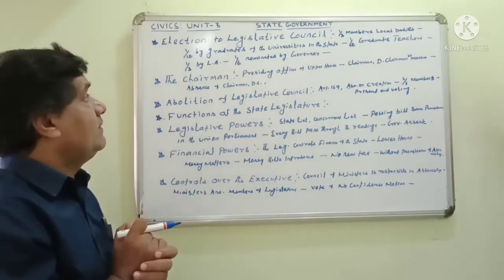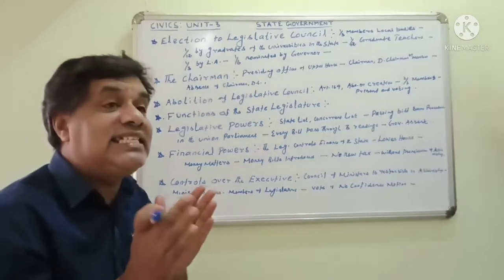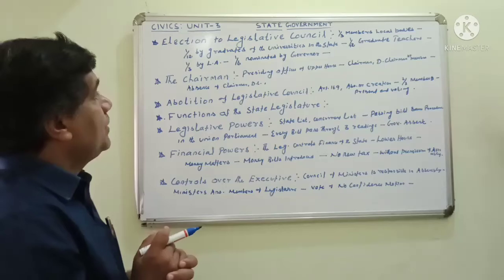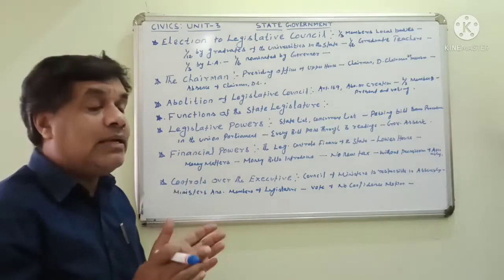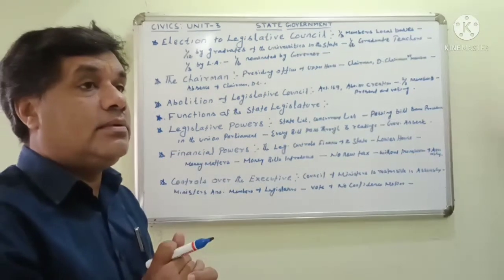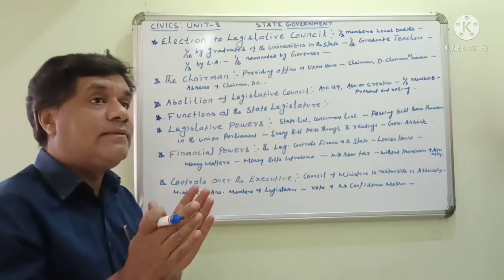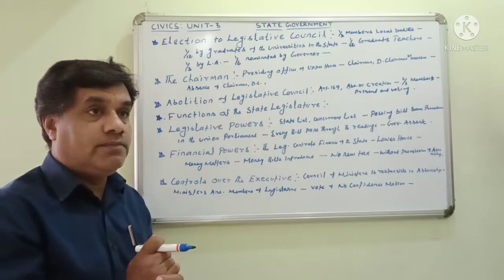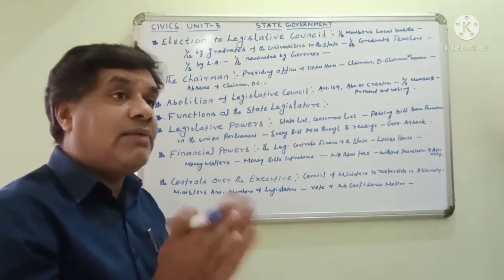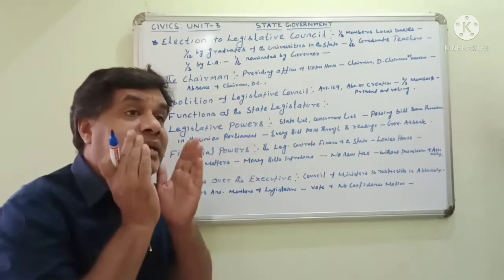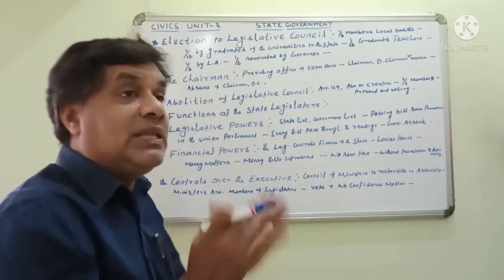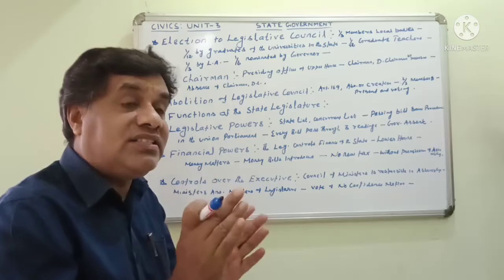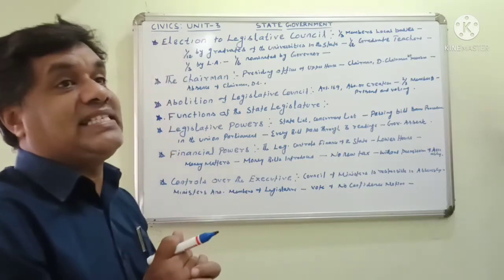1/3 members are elected by the Legislative Assembly. And finally 1/6 is nominated by the governor. The governor nominates eminent persons in the field of literature, science, art and social services.